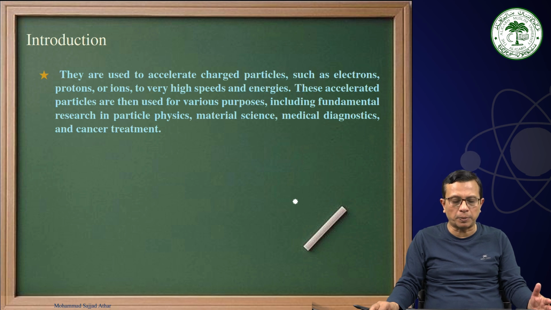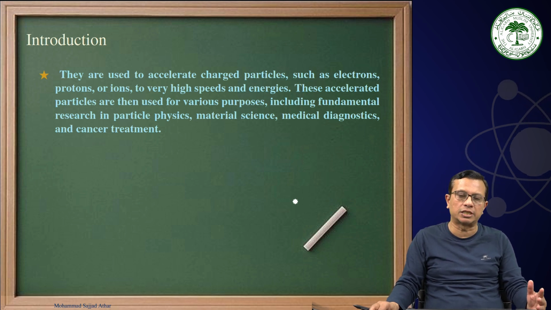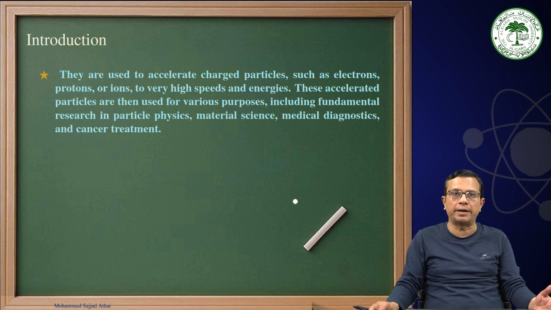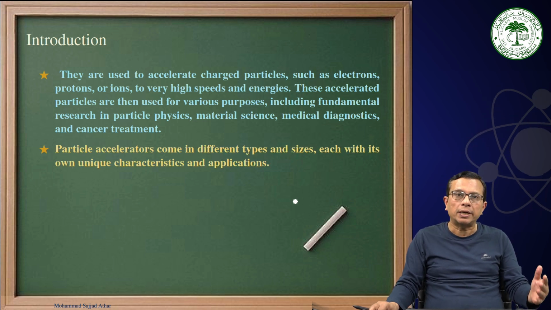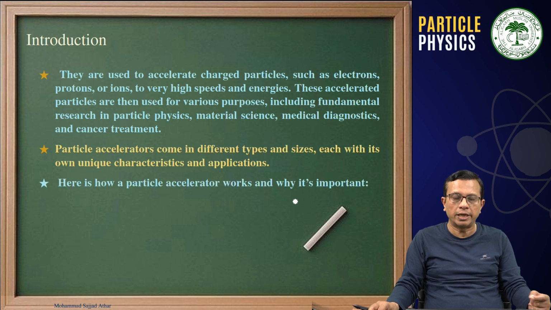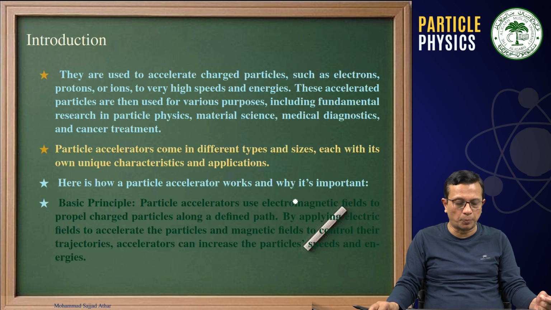These accelerated particles are then used for various purposes, including fundamental research in particle physics, material science, medical diagnostics, and cancer treatment. Particle accelerators come in different types and sizes, each with its own unique characteristics and applications. Here is how a particle accelerator works and why it is important.